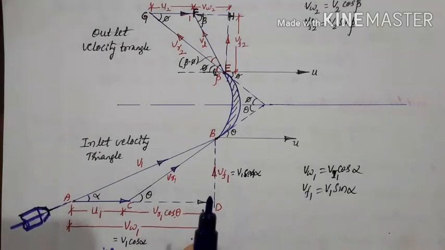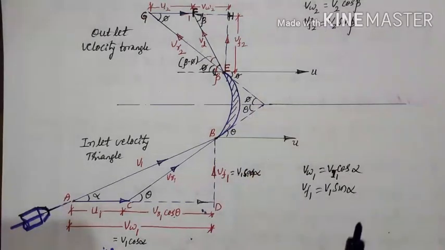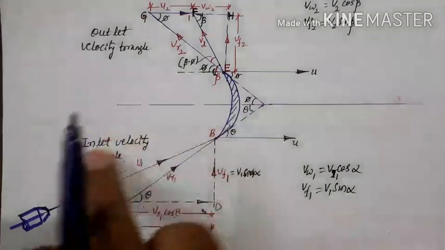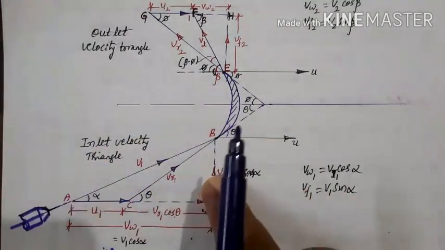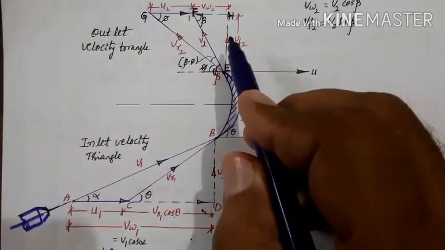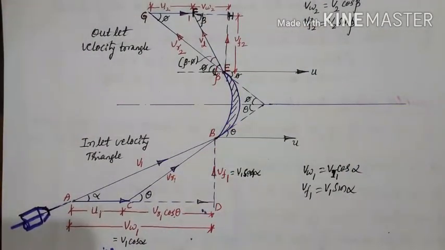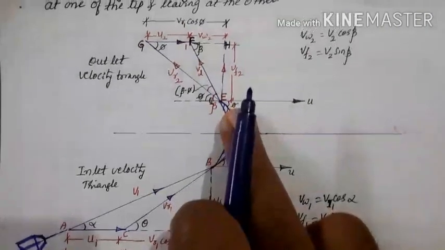I hope you understood the basic concept of how to draw the velocity triangle at inlet as well as at outlet.